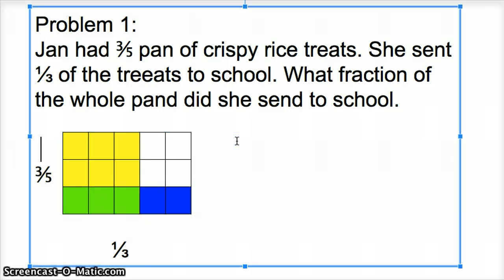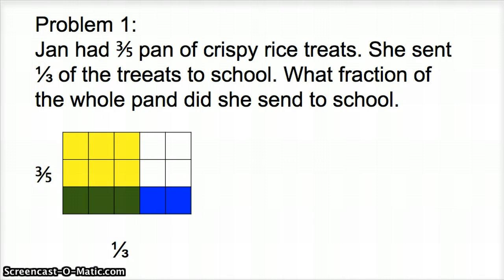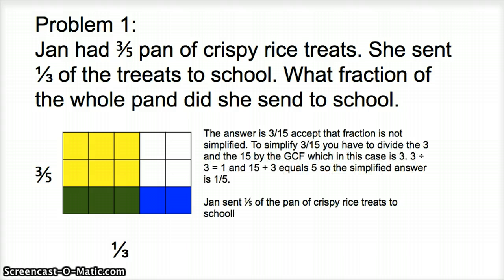So I know how many squares overlap. My answer here is going to be how many green squares do I have out of the total number of squares. So when I look at this, I have 3 green squares out of the 15. So your answer in this case is 3/15.